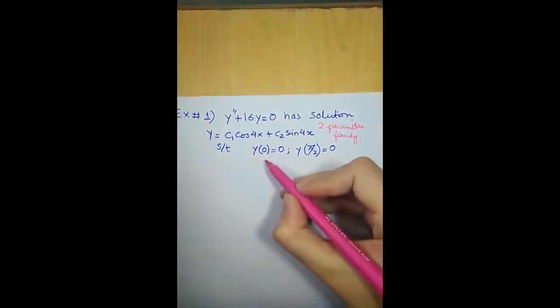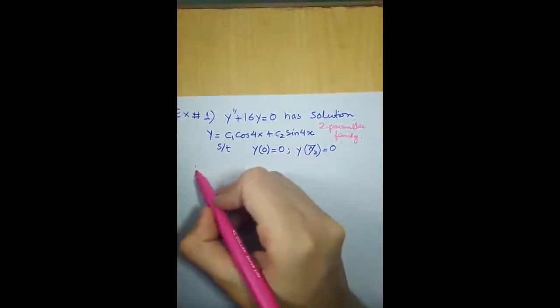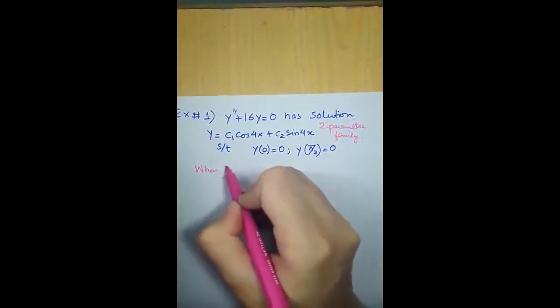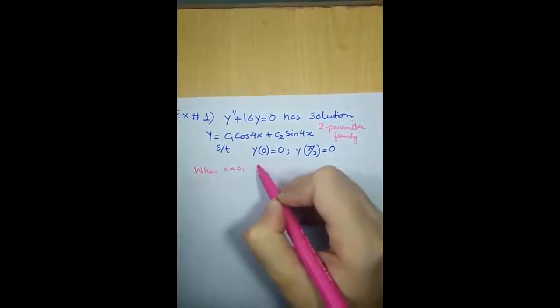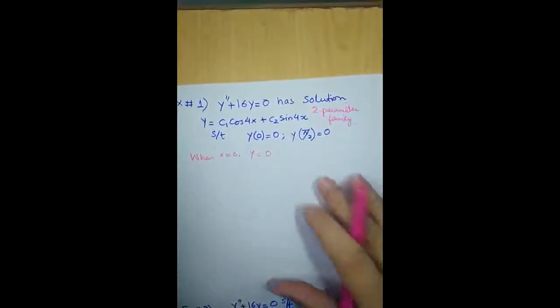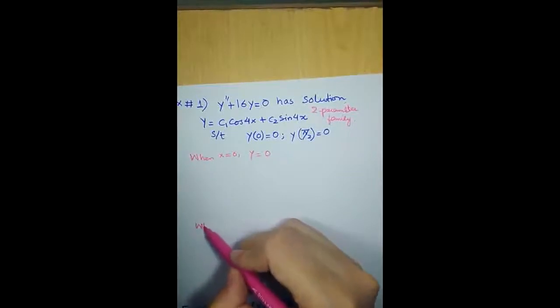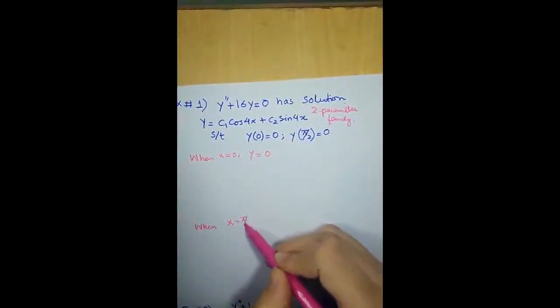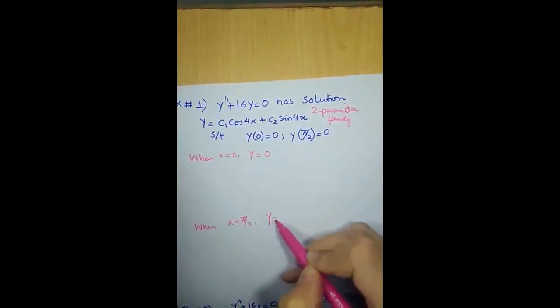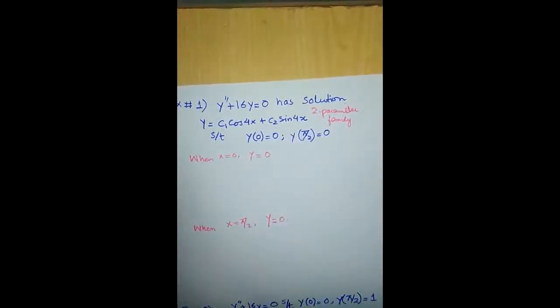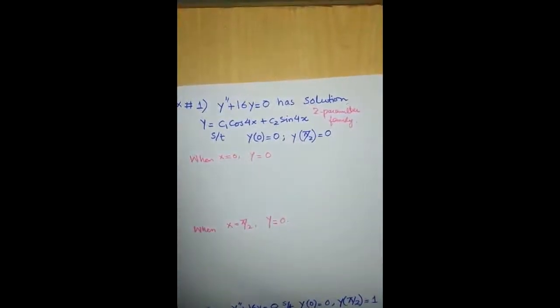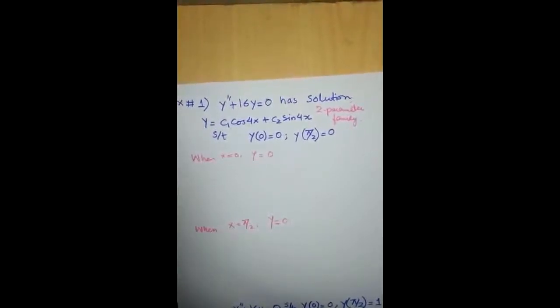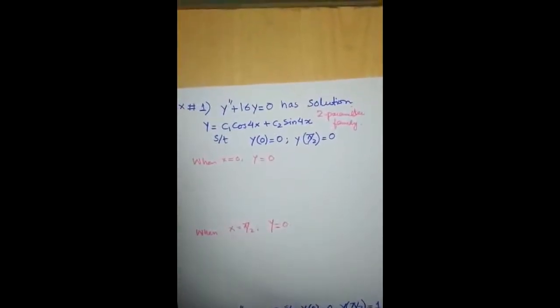When x is 0, y is 0, and the second one is when x is pi by 2, y is 0. So we apply both of these boundary conditions to check whether this boundary value problem has no solution, several solutions, or a unique solution.